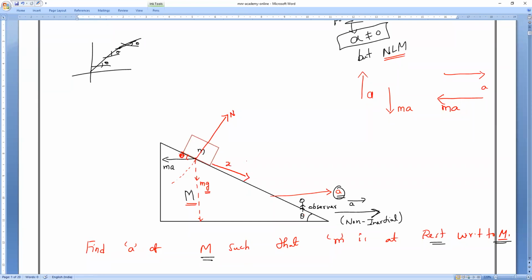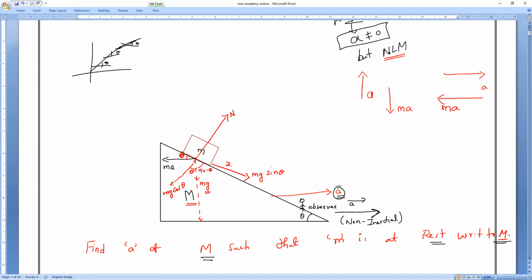We studied this already. Sir, mg sin theta. Then perpendicular to this, at 90 degrees, since here will be theta, here 90 minus theta, it will be mg cos theta. This we all know. Am I right or wrong? Everybody clear?